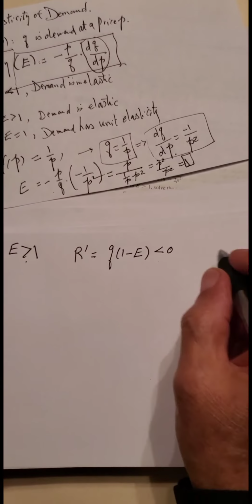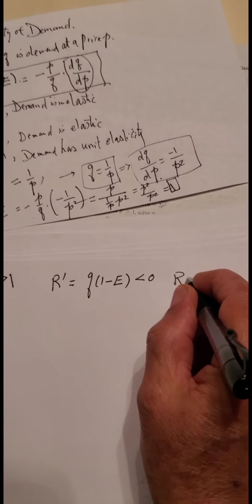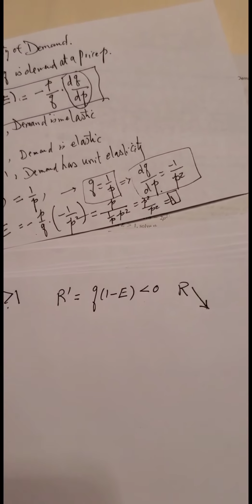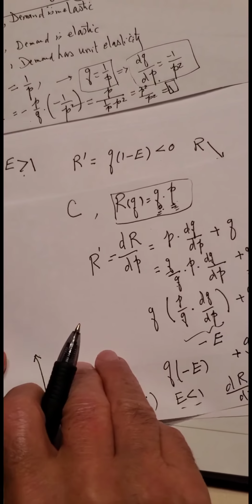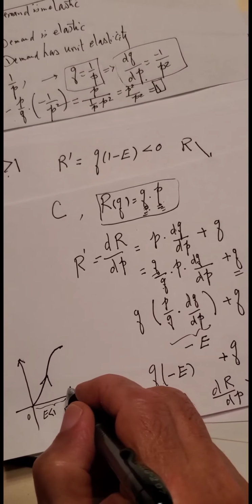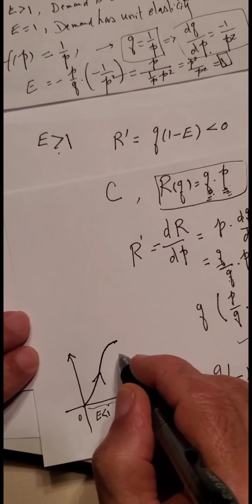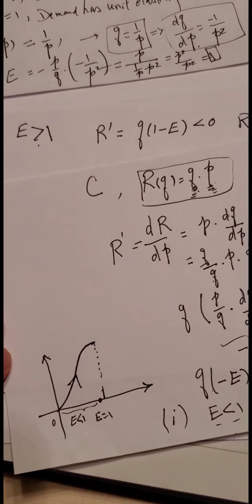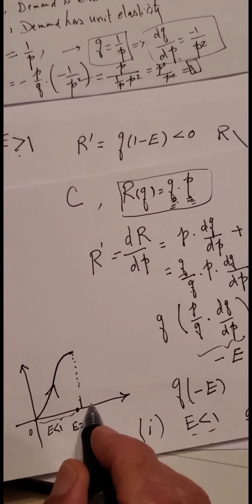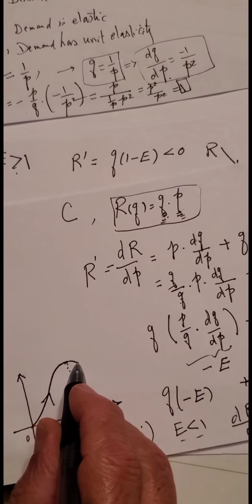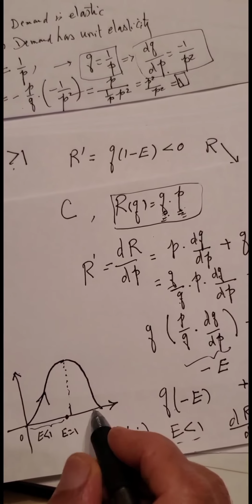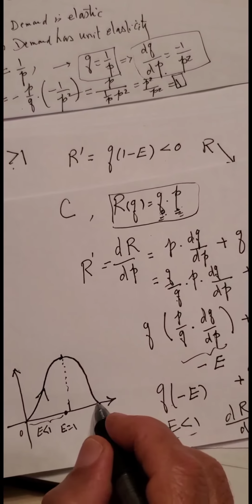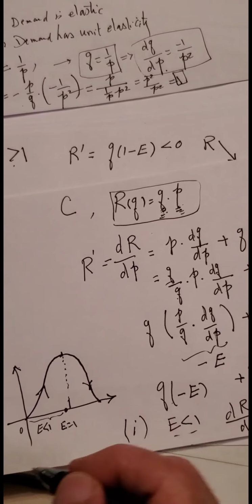If R prime is negative, that means R is decreasing. So in this picture, from this point on, because this is for E equal to 1, when it's bigger than 1, that means you're going down, like this.